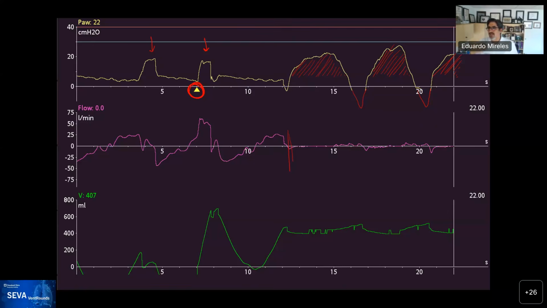Would you speculate, Eduardo, that this could never happen if you were in NAVA? Yeah, I think that it wouldn't, because the trigger would be the EMG.